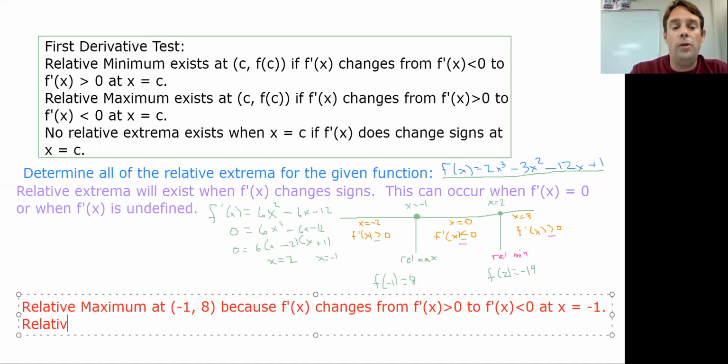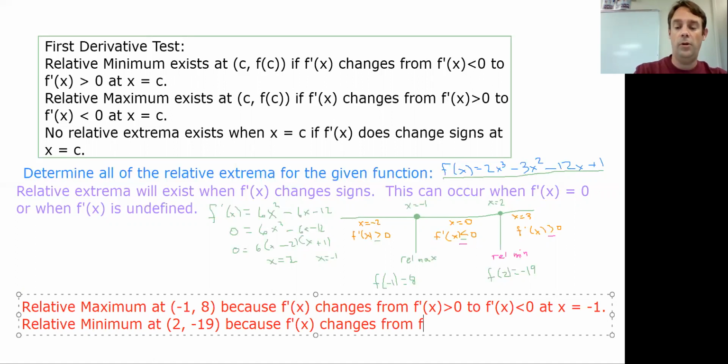Relative minimum. So I'm saying what I have, but I'm doing a little bit more. I explain why. From less than 0 to greater than 0 at x equals 2.